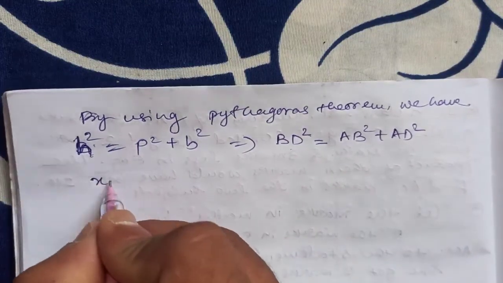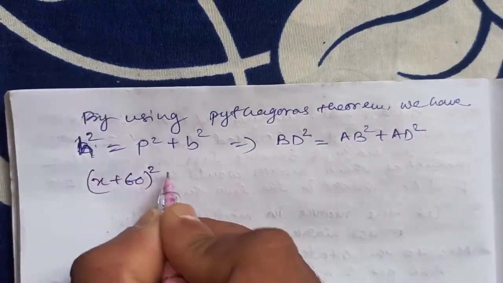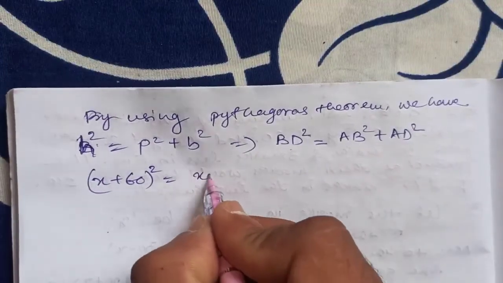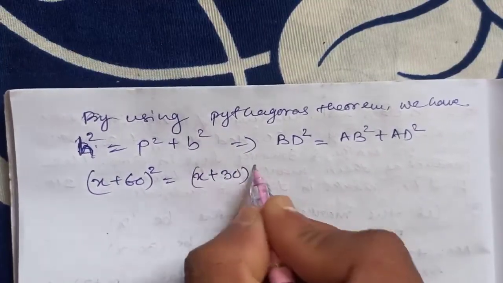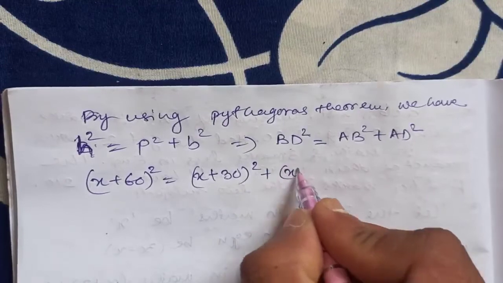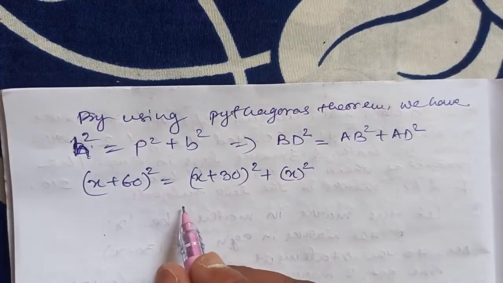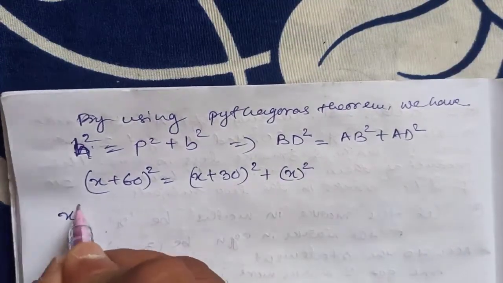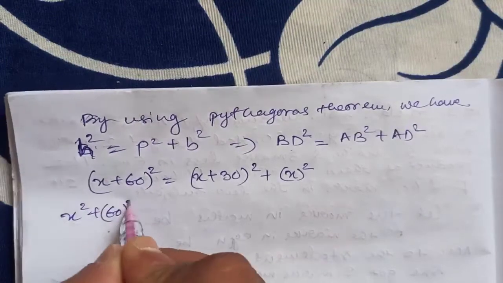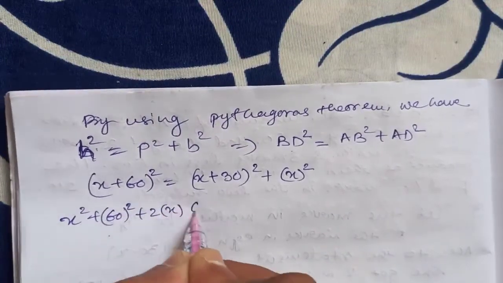BD, how much did we get? X plus 60 whole square equals AB, how much did we get? X plus 30 whole square plus AD, how much did we get? X square. Okay, now use the a plus b whole square formula: a square plus b square plus 2ab.